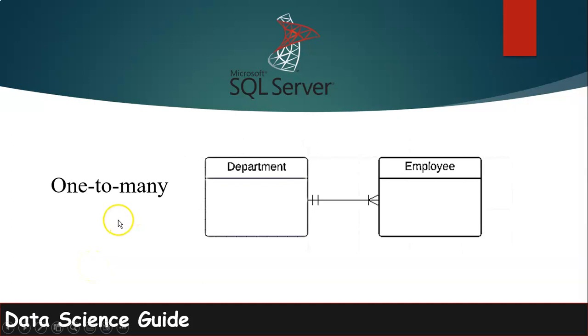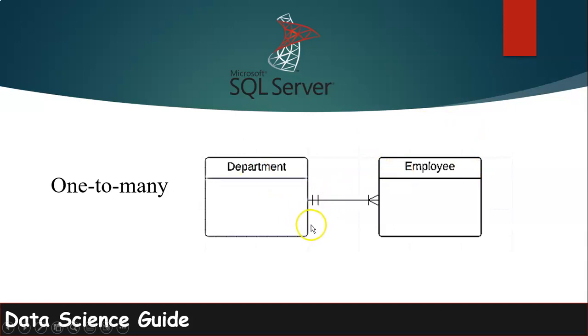And here we have an example of a 1-to-many relationship. An entity department and on the other side an entity employee. If we look at the relationship from the department side, don't be confused by the way, this is the side that represents the relationship from department to employee. And this side belongs to the employee entity.